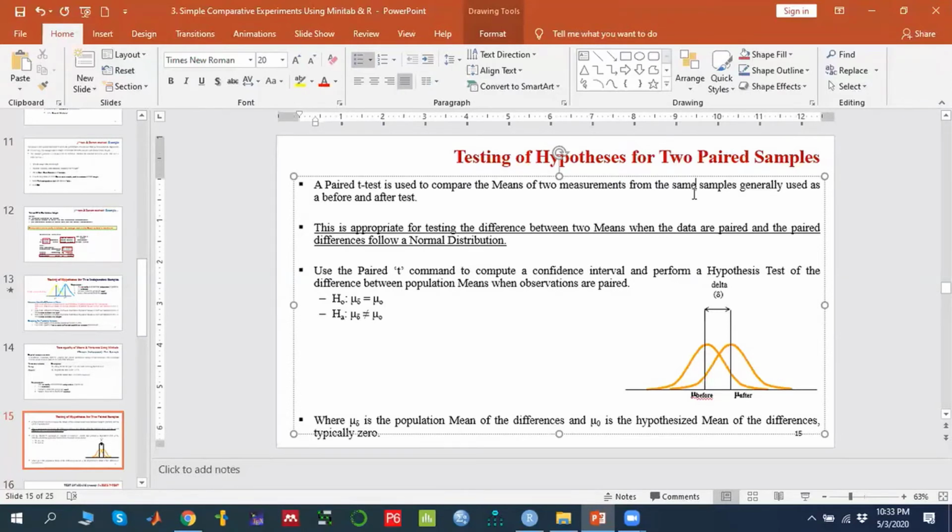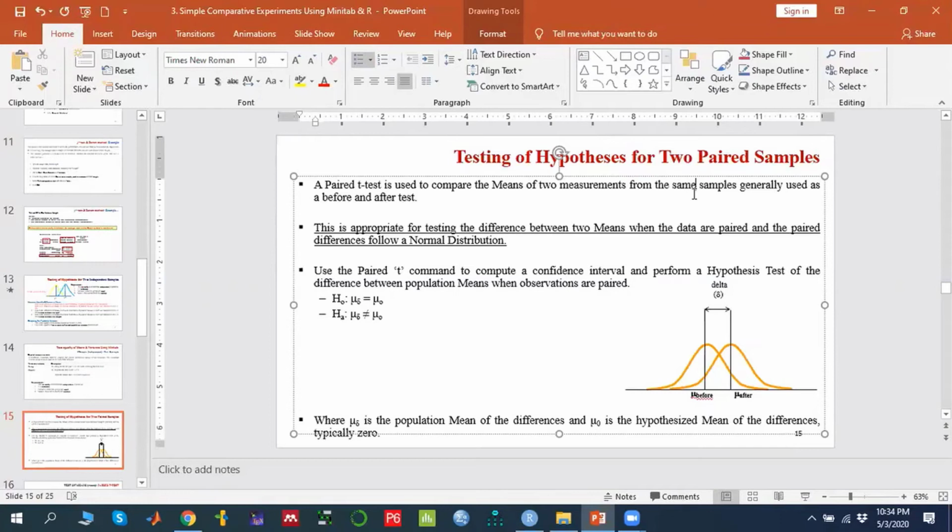Similarly, if I take the example of a pharmaceutical company, suppose we have selected 20 patients and given a medicine to test whether the effect of that medicine on those 20 patients is there or not. For example, that medicine is a headache medicine.